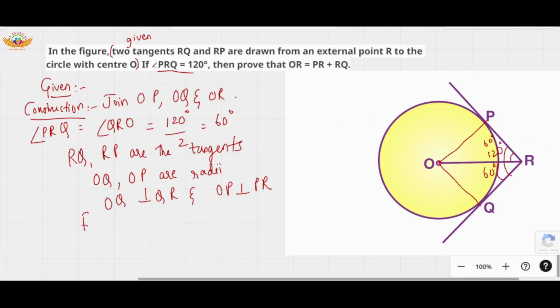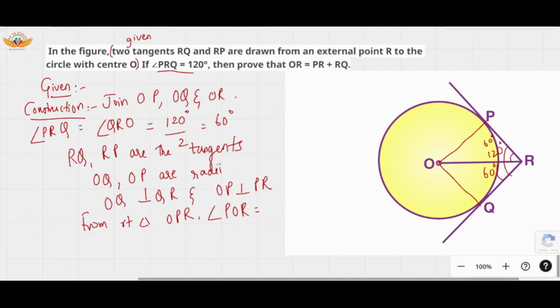From the right angle triangle OPR, I am taking the angle O. Angle POR will be equal to, what will be POR?